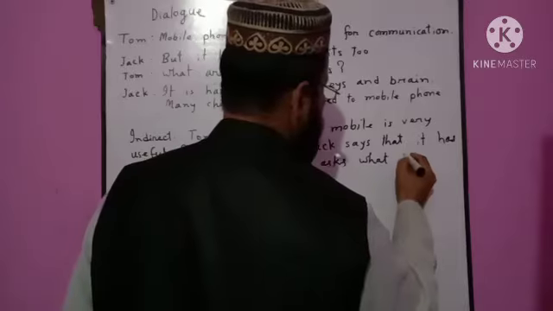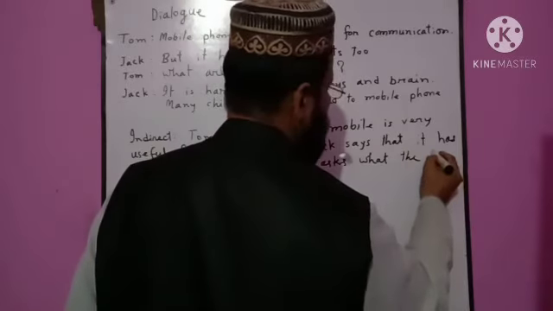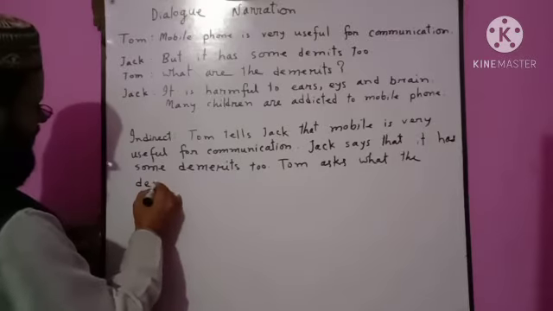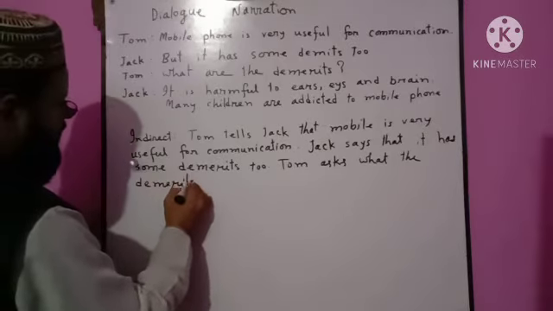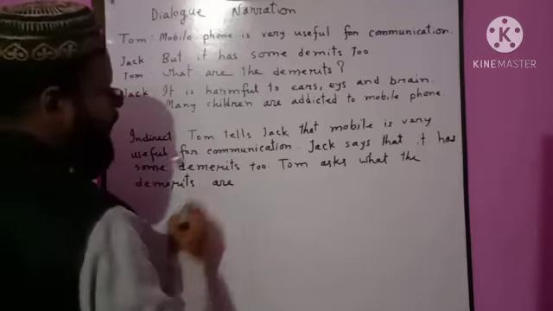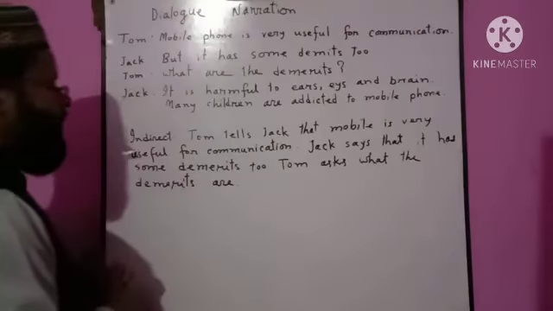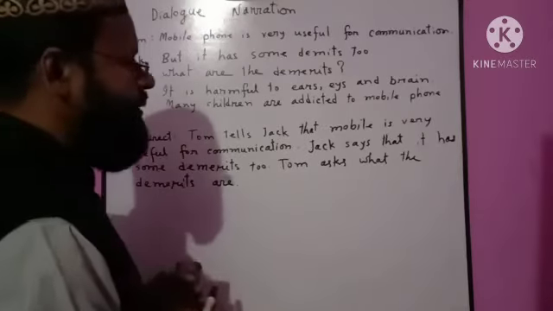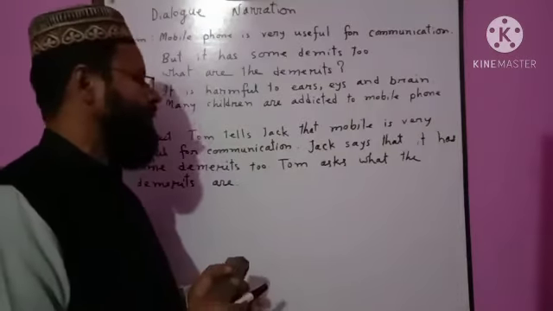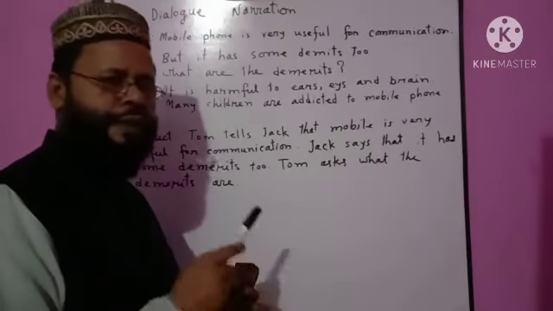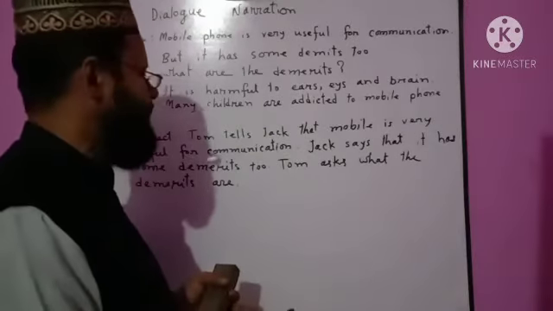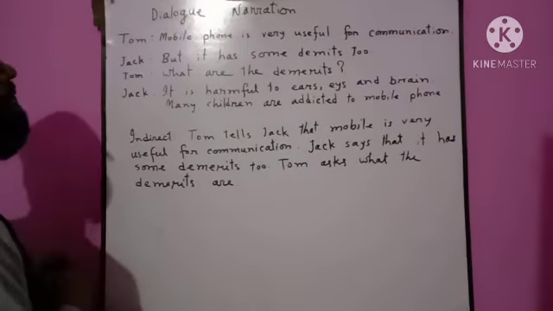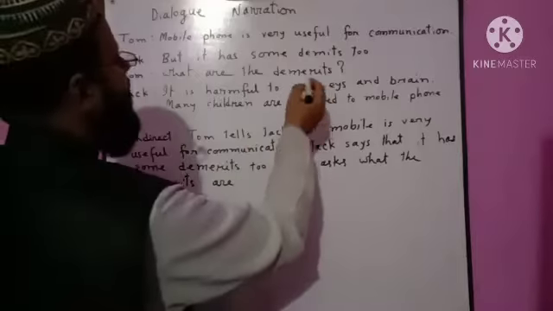What the demerits are. When we make an interrogative sentence into assertive, the auxiliary verb is used after the subject. The demerits are, and full stop.